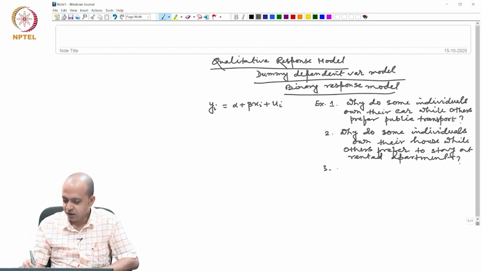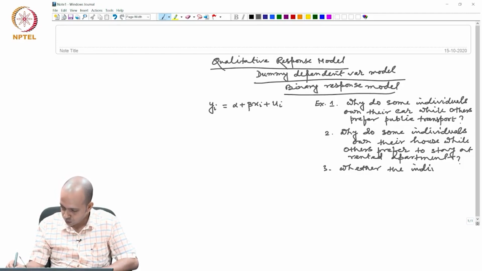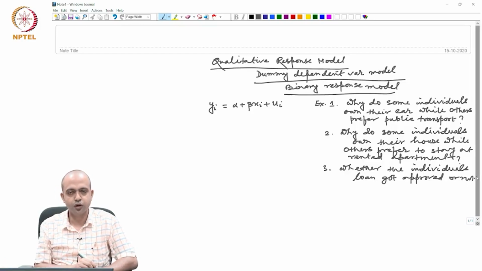So, here the research question is whether the individual's loan got approved or not. This is the question, all right.